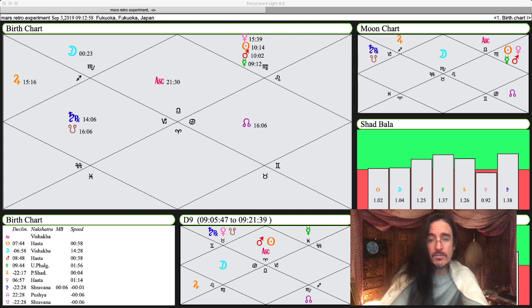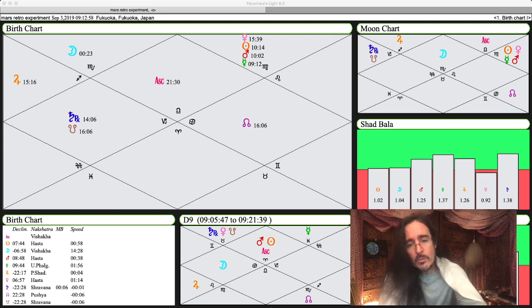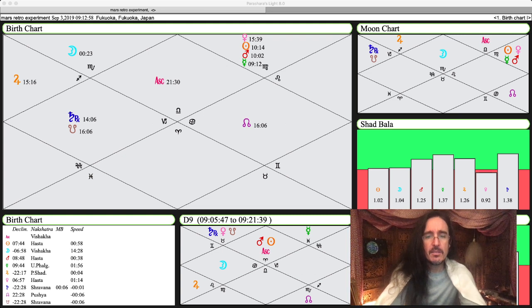So they're pretty close, within 1 degree. You want to bear in mind that this might count as a cazimi, right in the heart of the sun, which is a special combustion that gives the planet particular power. So we'll make a note that it may be a cazimi.